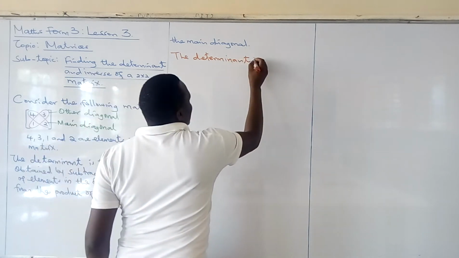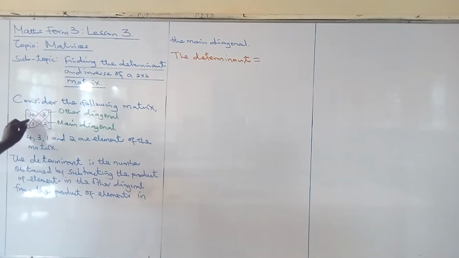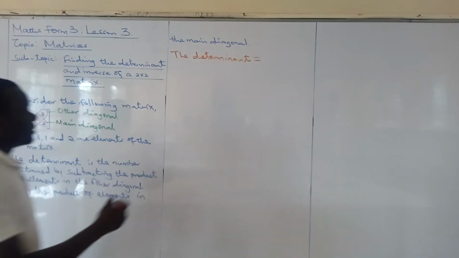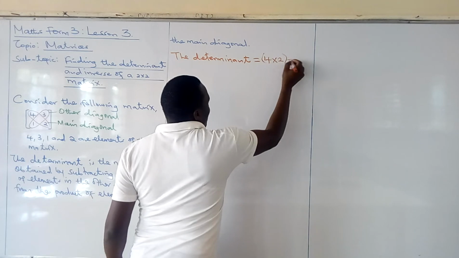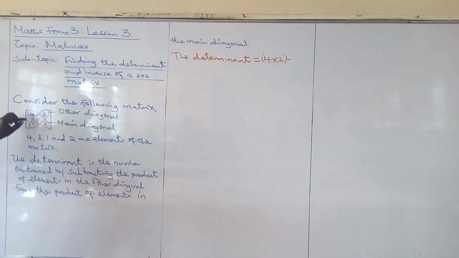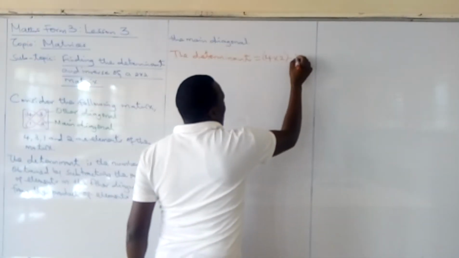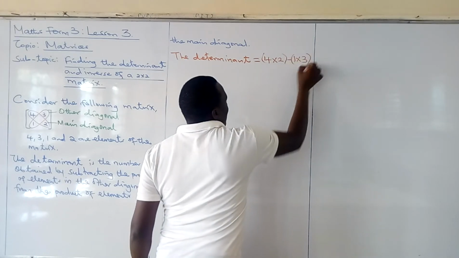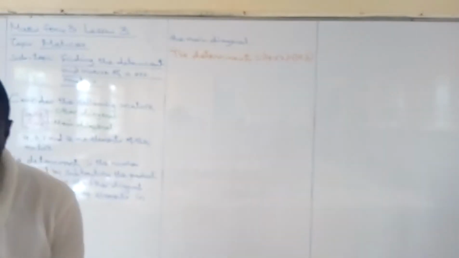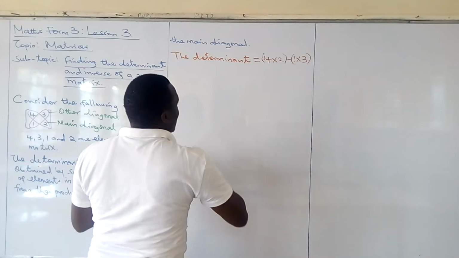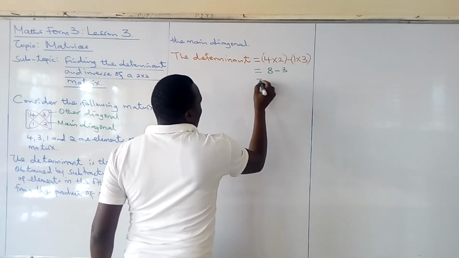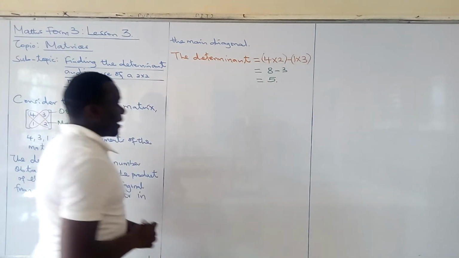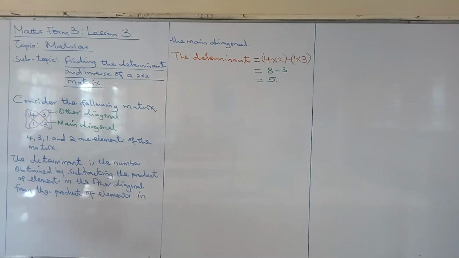The determinant is equal to the product of 4 and 2, that is 4 times 2, then we subtract the product of 1 and 3, 1 times 3. So that will give us 8, then minus 3. 8 minus 3 gives us 5. So that means the determinant of this matrix is 5.